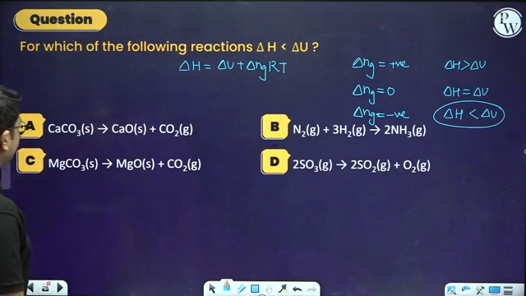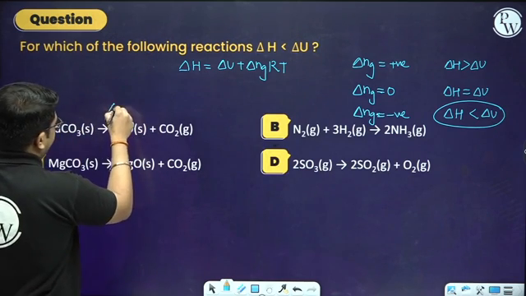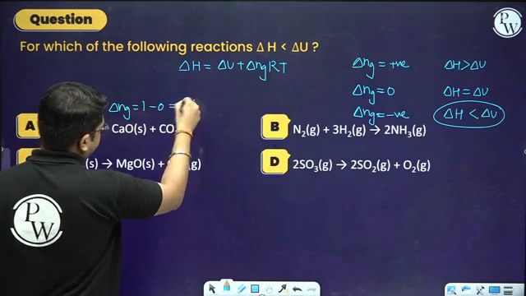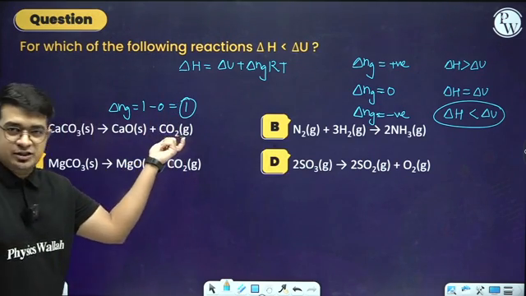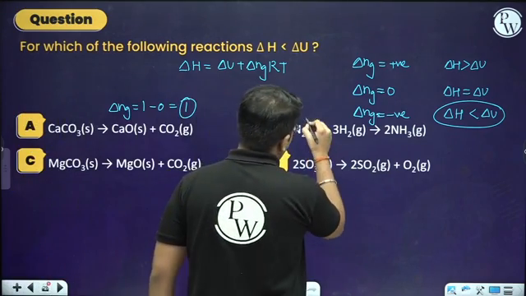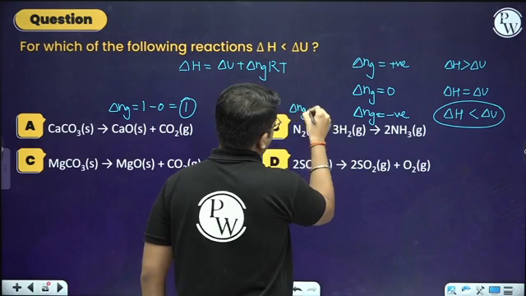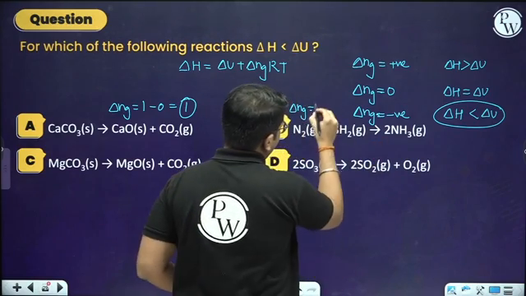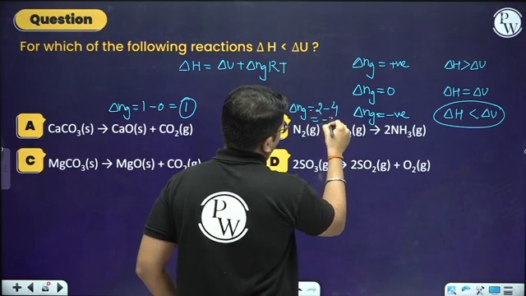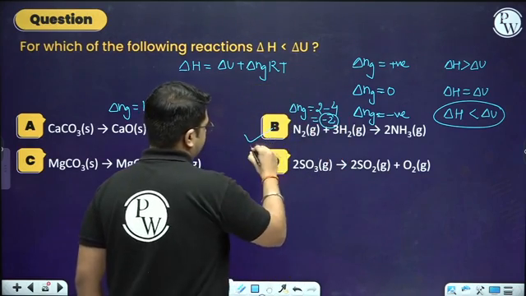So we have a solid. In this case, delta n_g will be 1 minus 0, that is 1, because only one gaseous product is there and no gaseous reactant. In this case, delta n_g will be 2 minus 4, so that will be minus 2. I guess this is the answer.